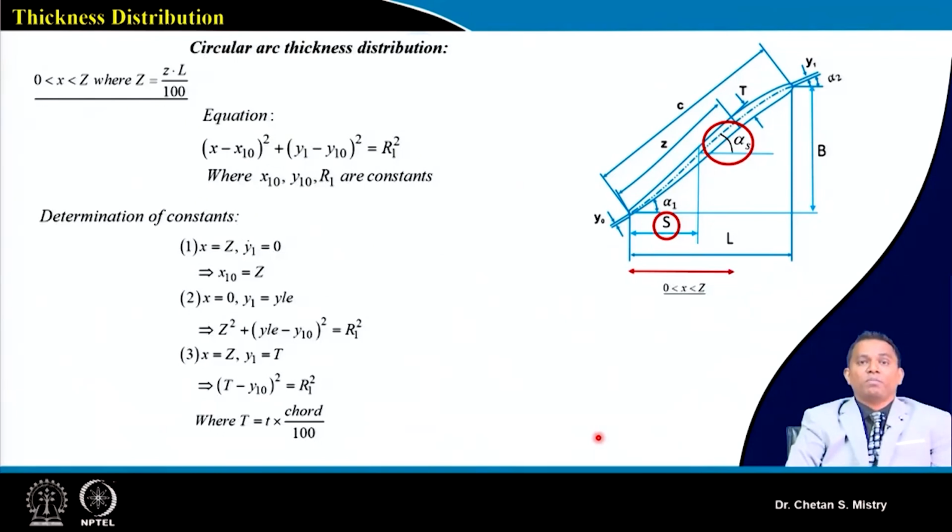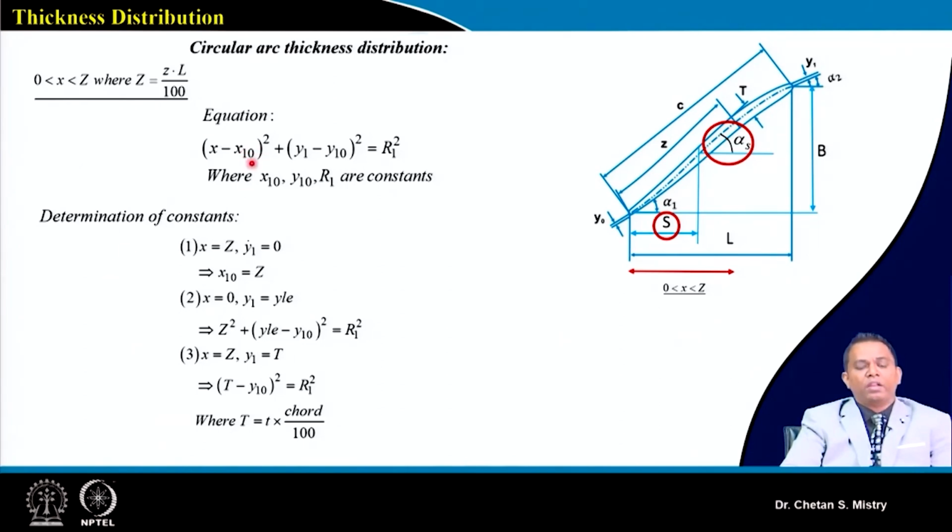Now some of the literature says you can go with a circular thickness distribution also. So we will be going with a circular arc thickness, that is given by x minus x, and this is y. In order to avoid confusion, there is nothing at x suffix 10, it is just for segregating from other constants.